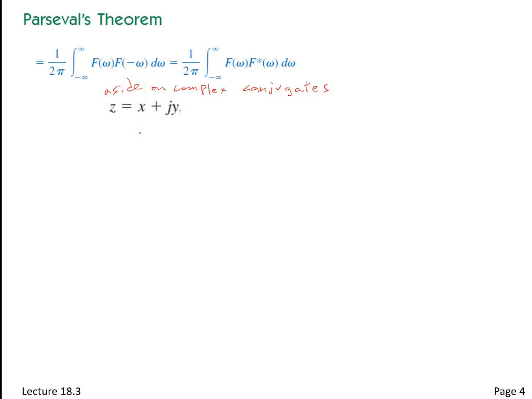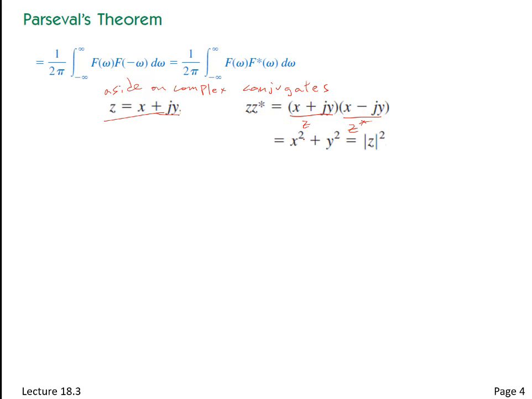Okay, so this is a complex number, right? Z, x plus jy. If I have Z conjugate, product of those two, here's Z, and we know the conjugate is this. Okay, so now let's just go about multiplying them out.